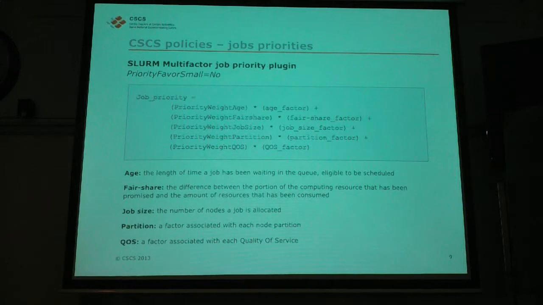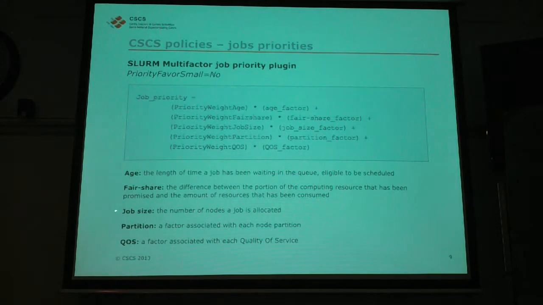queue. This is the formula to calculate the priority. The higher this number, the lower the priority. For instance, it takes into account the age of the job in the queue. Fair share, we disable this, so we put 0 on this factor.